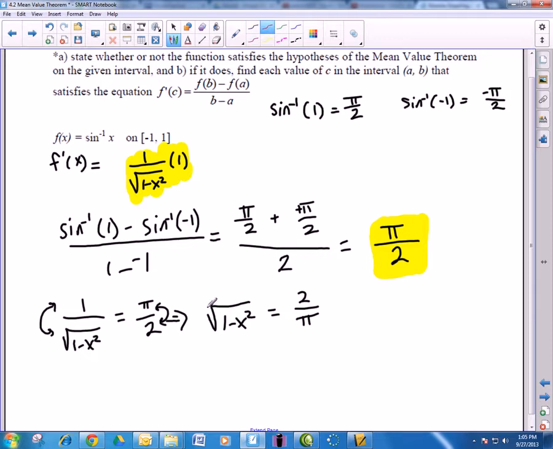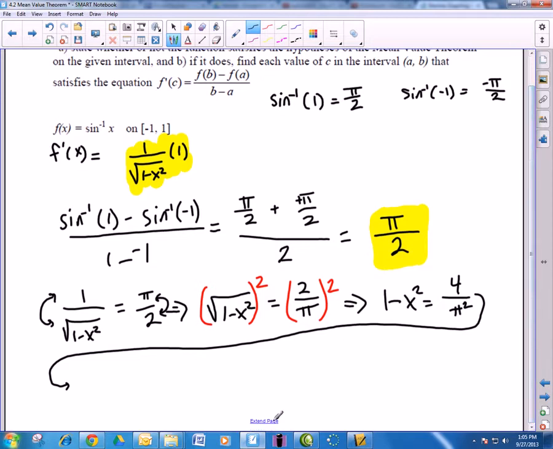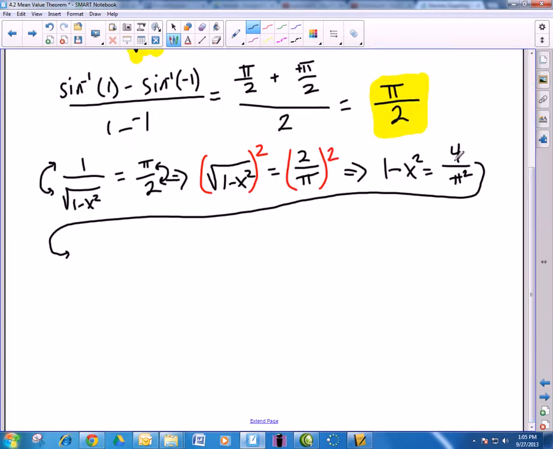Then I'm going to square each side, because I'm trying to undress this equation, so to speak, to solve for x. So then you would just have 1 minus x squared is equal to 4 over pi squared. Then if we come down here, extend the page a little bit, you would subtract 1 from each side.